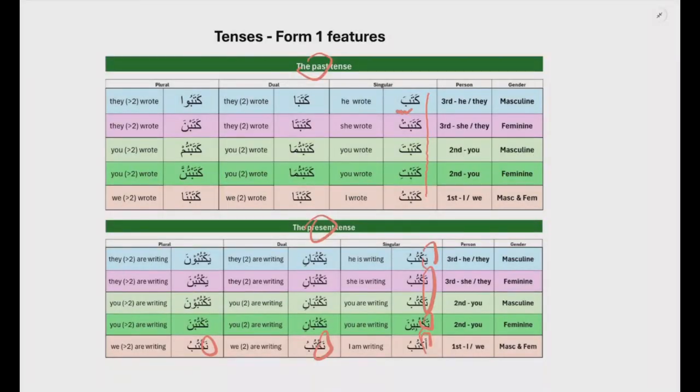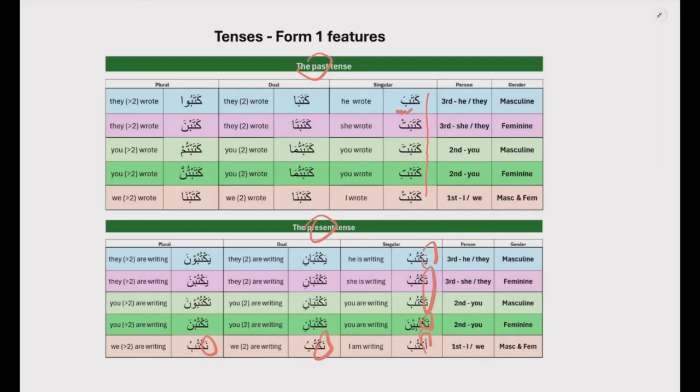Here it's katabat with the ta, with the sukun to show she. And then tumatum, we said, is the you version. Tumatunna is the feminine you version. And tunana is the I and we. Okay, so essentially there's just a change in the suffix, the end part of the verb, that makes it the past tense in its different person and gender and number.